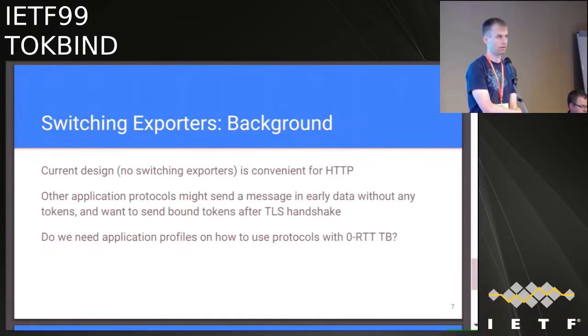Otherwise, I think we're into very uncertain territory, because yes, there are profiles, but the risk analysis that you do for token binding is different to the one that you do for HTTP in general. And so the combination of those two things is probably something that you want to at least consider.